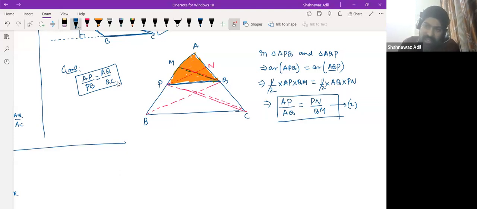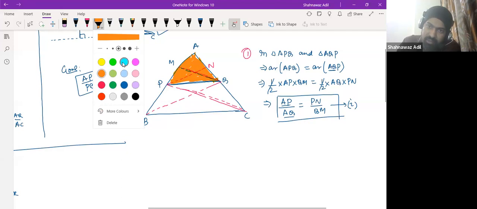So what are the sides that we have already gotten? We have got this, we have got this. So this thing we have already got, so let us move on to the other. So now we will take other two triangles, this is the first part, and then we will take these two triangles, right?